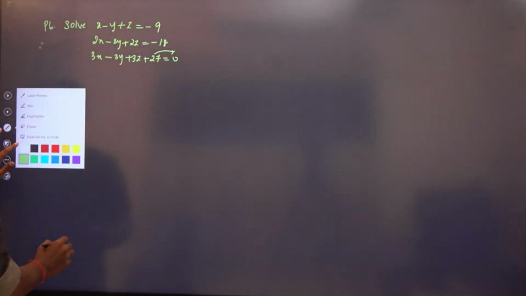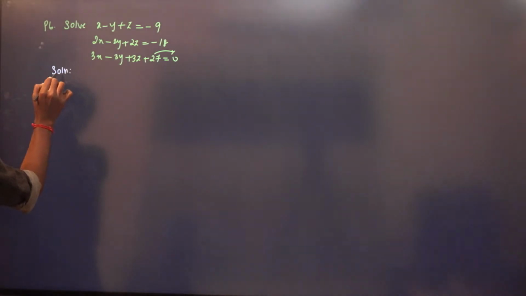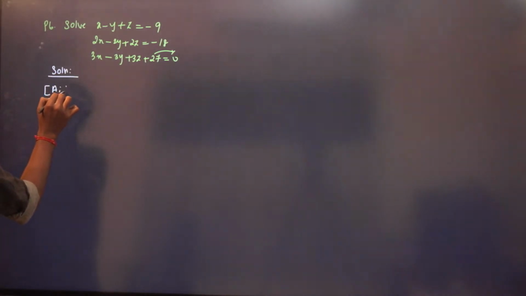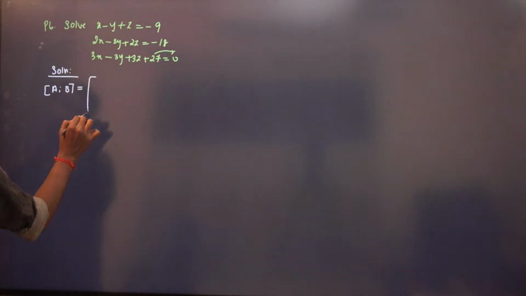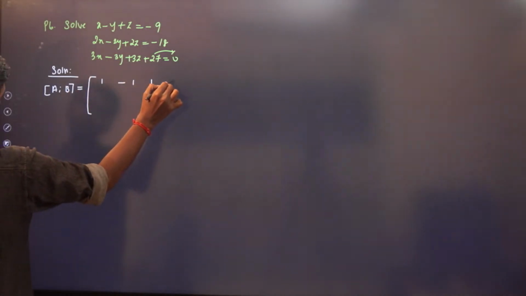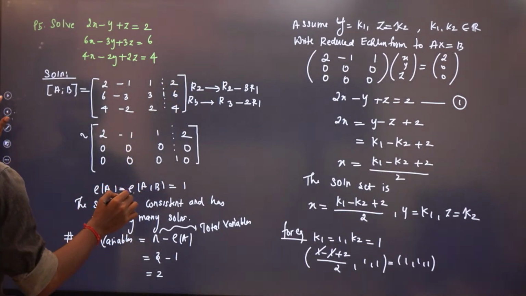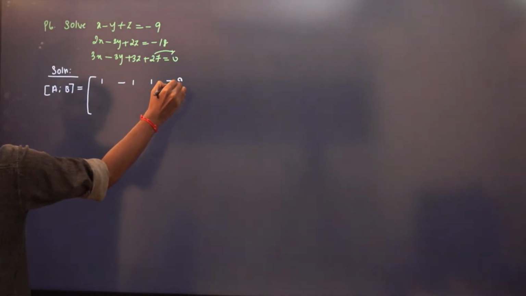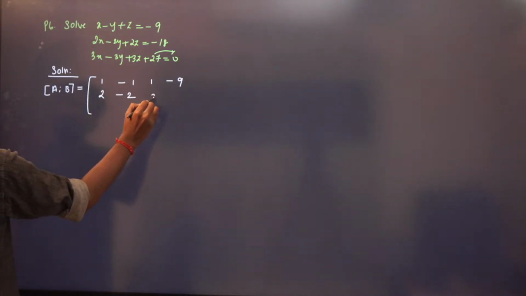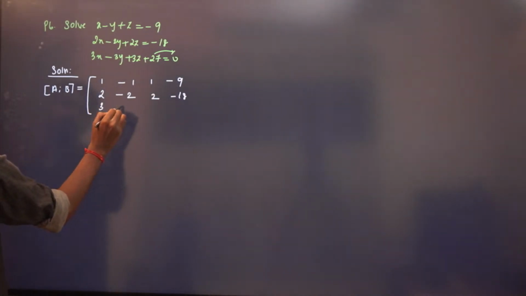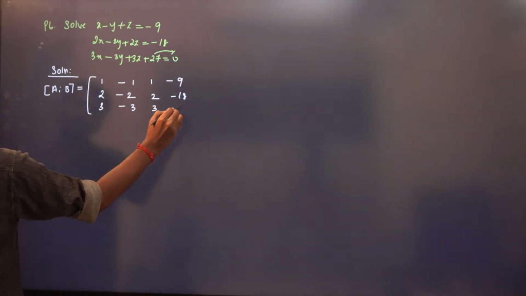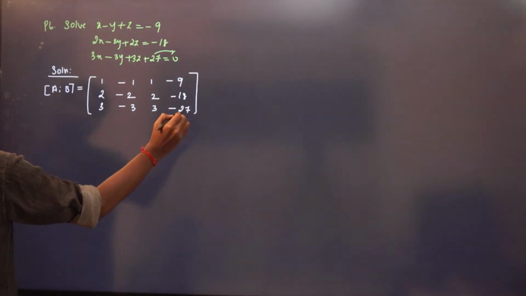So first we will form the augmented matrix A comma B. So 1, minus 1, 1, minus 9. 2, minus 2, 2, minus 18. 3, minus 3, 3, minus 27.